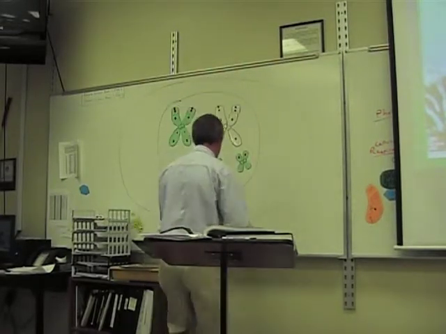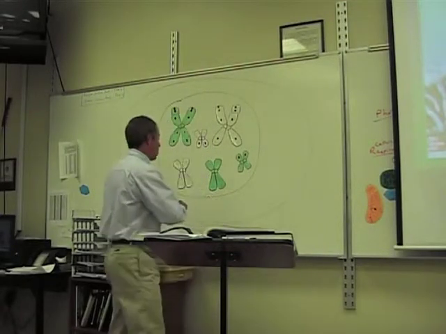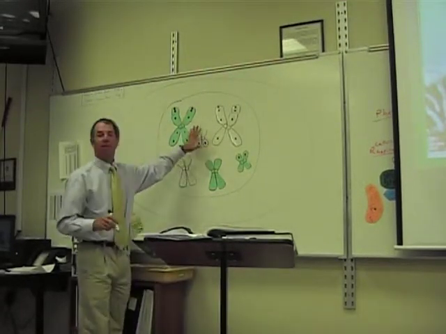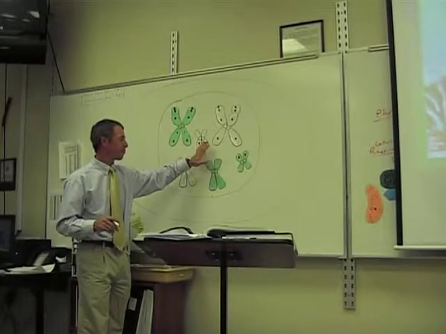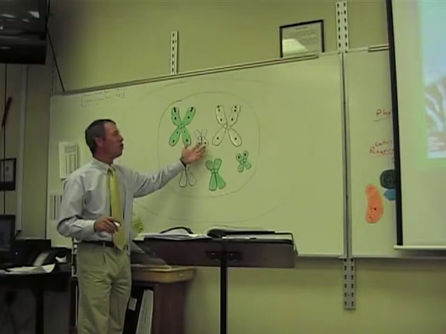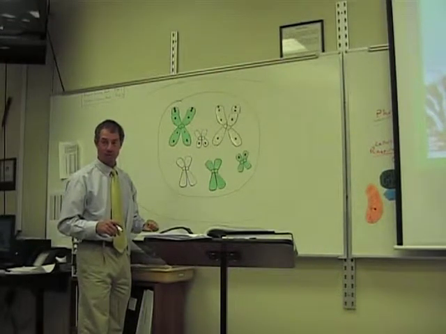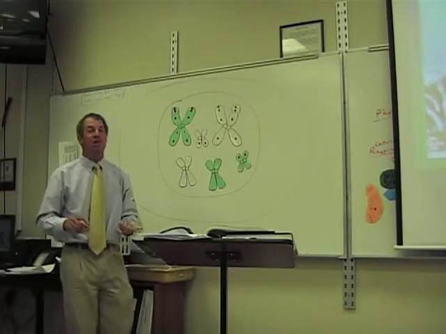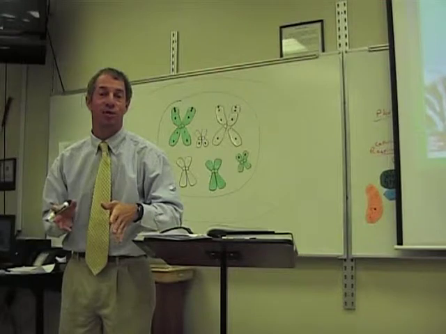And meiosis takes a cell, and this cell that I have on the board has 6 chromosomes. But in a human, it's how many? Do you remember? 46. Now, sperms and eggs, they don't have 46 in humans.